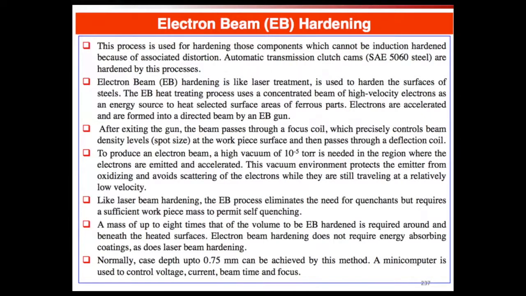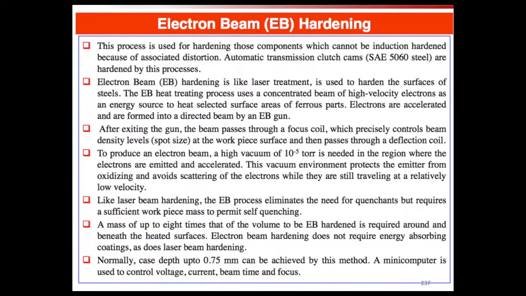Right, so essentially electron beam is very similar, except instead of a laser to do the treatment, the heating, you're using an electron beam, right? So the benefits are you can do complicated cross sections that you can't do by induction or flame hardening by electron beam. What's the big downside that's not really mentioned here on this slide?